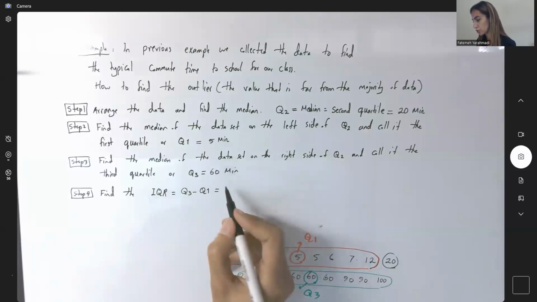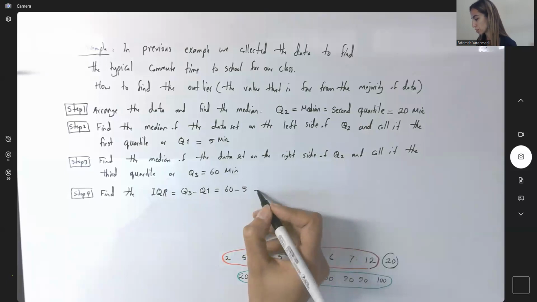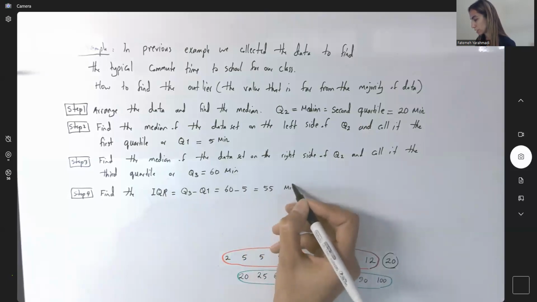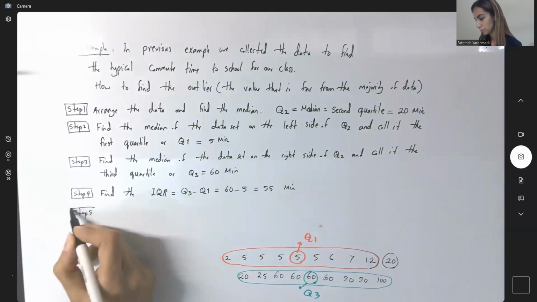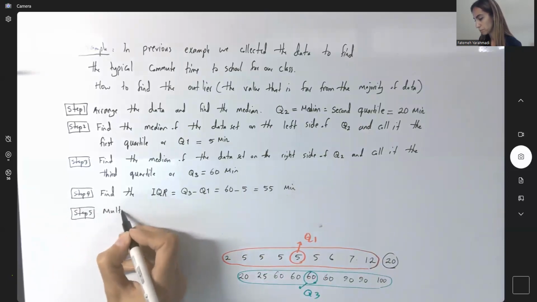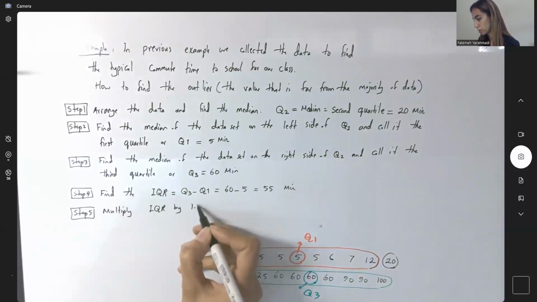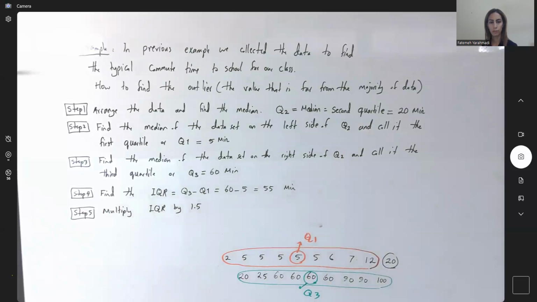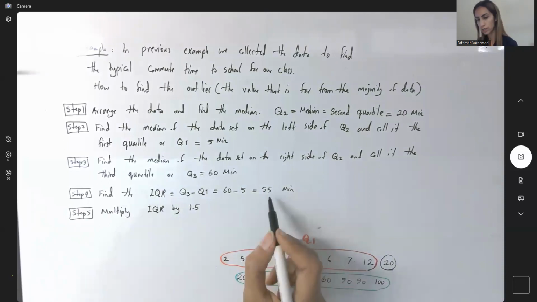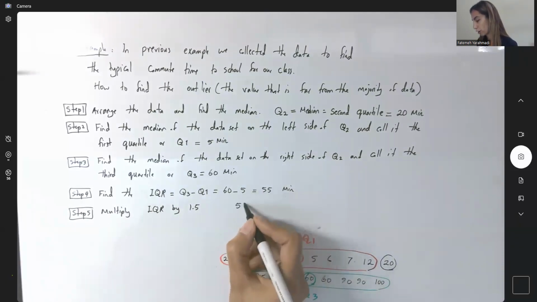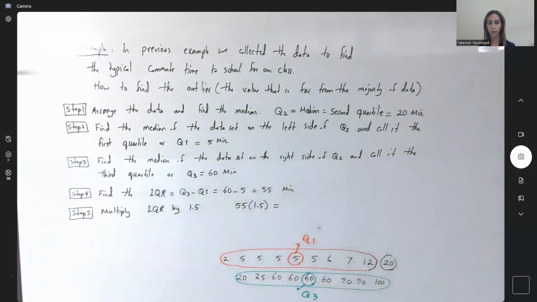We're going to subtract 5 minutes from 60 minutes, which is 55 minutes. Step 5, multiply the interquartile range by 1.5. In this step, you have to do a little bit of algebra. The interquartile range we calculated is 55. Multiply that by 1.5.